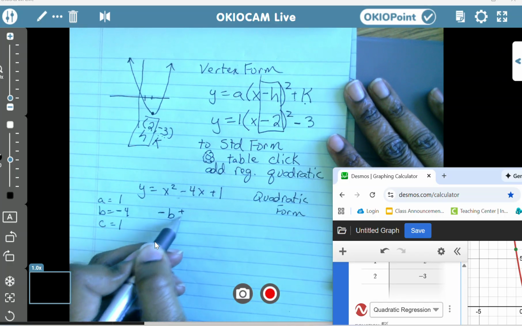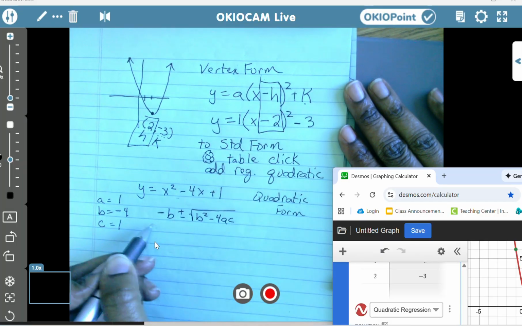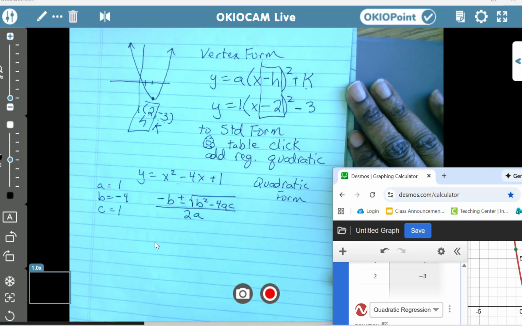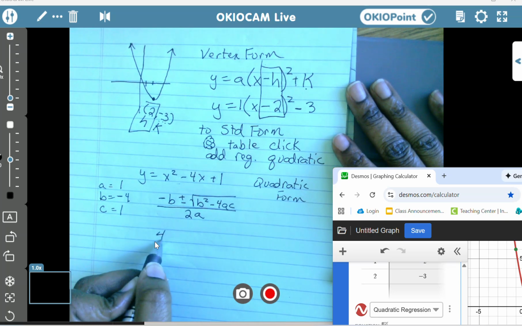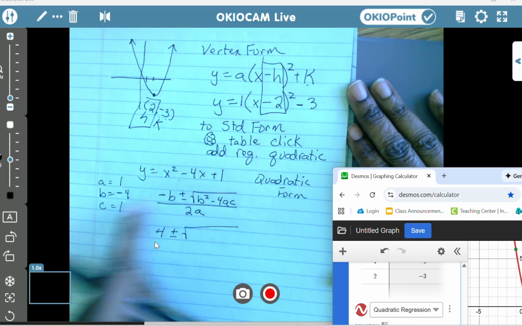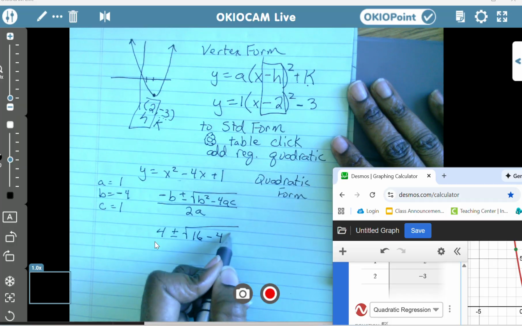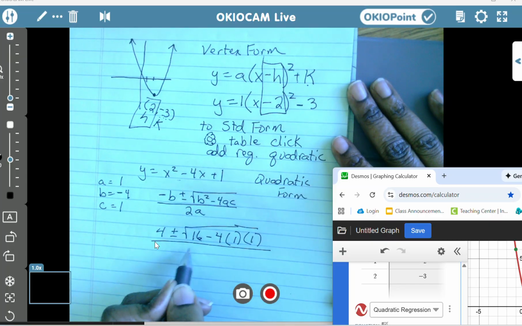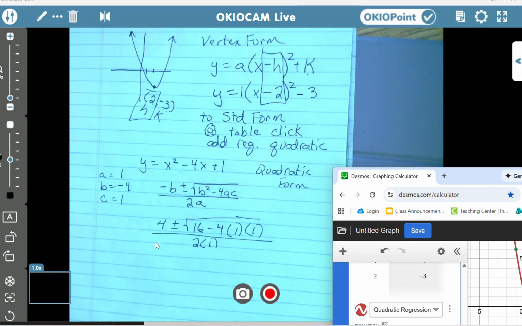The opposite of b, plus or minus the square root of b squared minus 4ac divided by 2 times a. Alright, the opposite of b is going to be +4, plus or minus the square root of b squared is 16 minus 4 times a times c divided by 2 times the a.